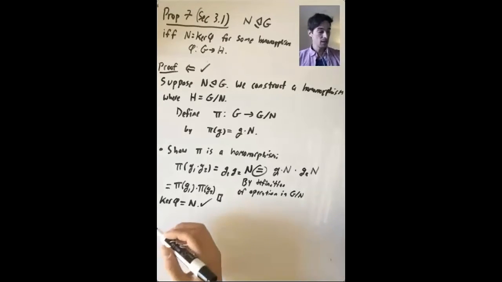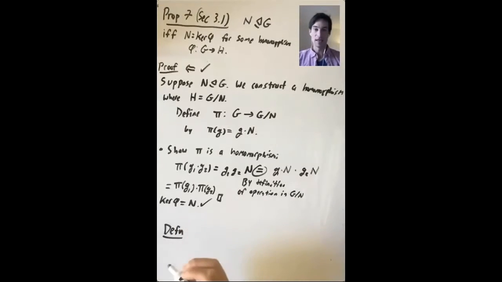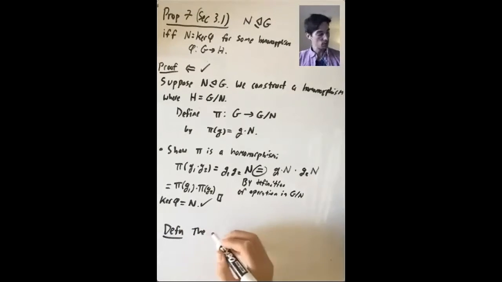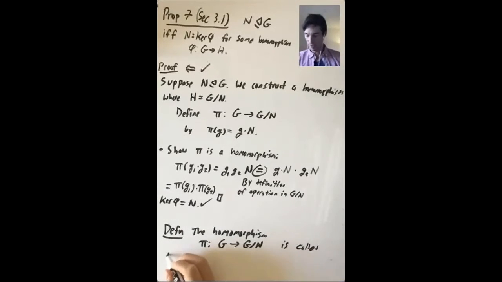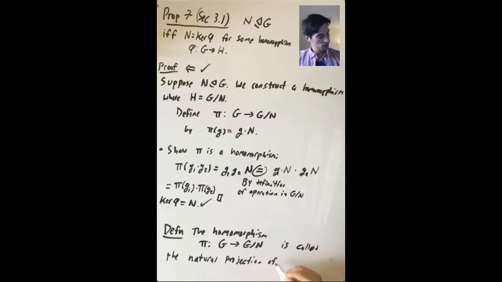So one more thing that I want to say about this proof is that the homomorphism here gets a name. This homomorphism, pi from G to G mod N, where N is a normal subgroup, is called the natural projection of G onto G mod N. So why is that?